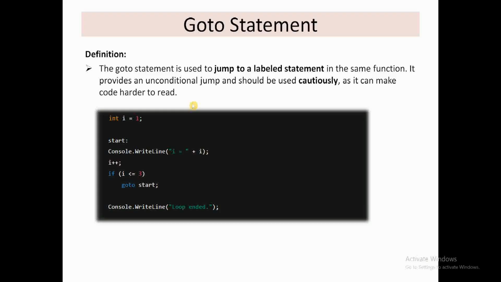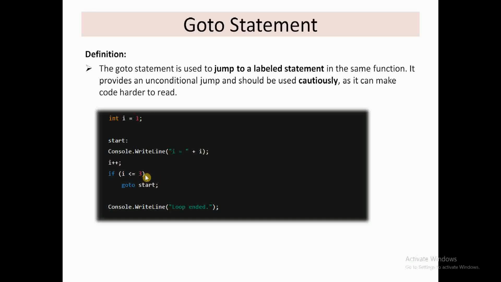If we do not want to run the next code on some particular condition in some block of code, or directly move the cursor to the label, we use goto. Here is an example. We provide a condition, if i is less than or equal to 3, so it iterates 3 times, and we provide a goto statement with a label name, start, which is placed at the starting of the program.